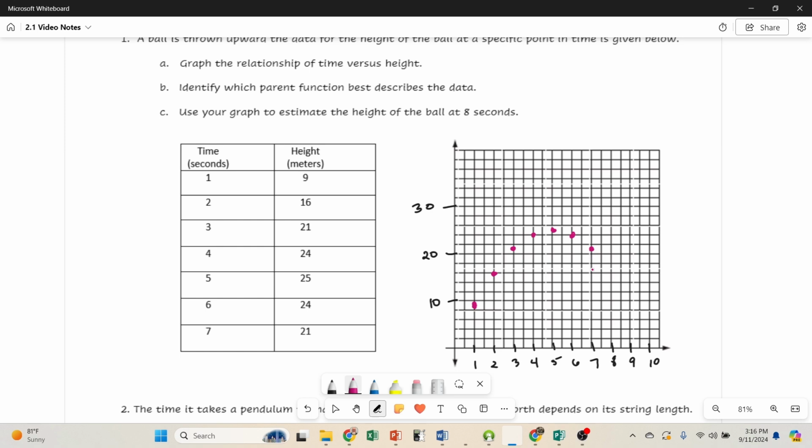Okay. So, we definitely have a parabolic shape here, right? That's starting off, and this would actually come all the way down like so and land somewhere like this, right?